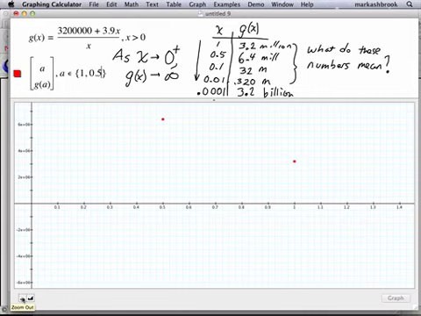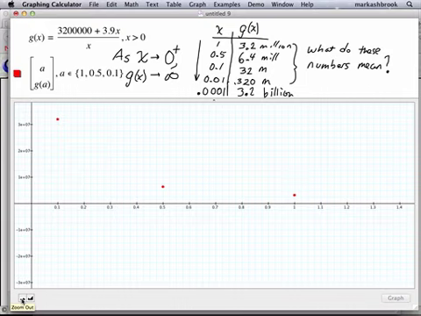So this is what we said. What we said was as x approaches 0 from the right, the value of the function is increasing. So what's the next point? 1/10 of a gallon, average cost, 32 million. There it is.